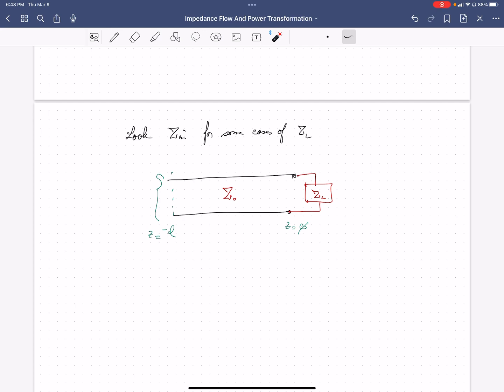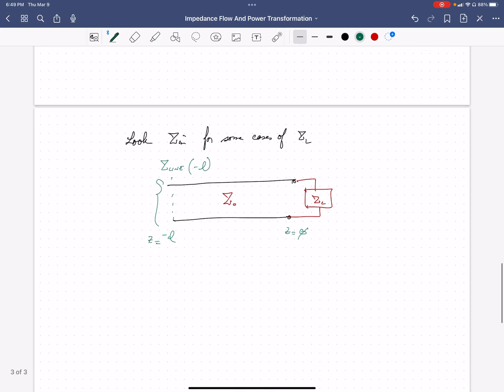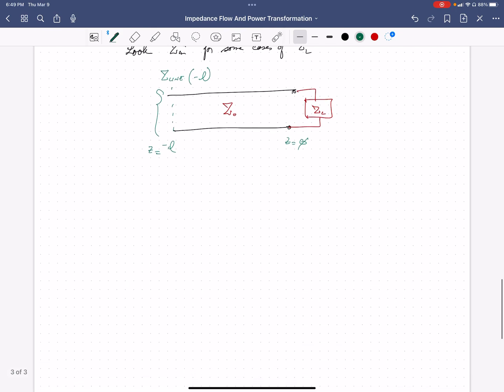If you're confused by that, look back at our lecture where we looked at the input impedance of the transmission line. So this input impedance is the line impedance at minus L, and the length of this transmission line is L.